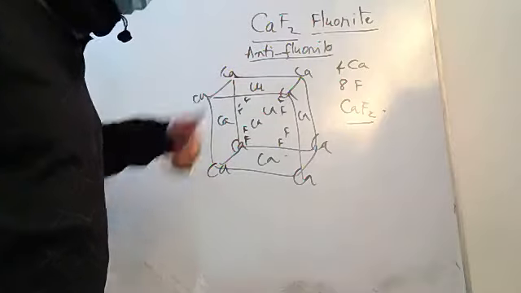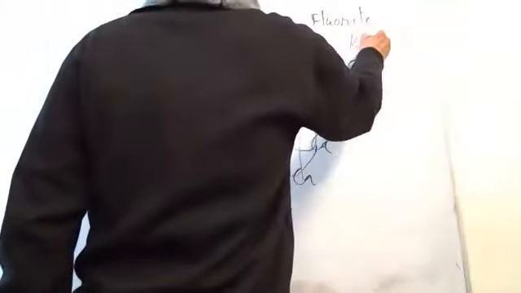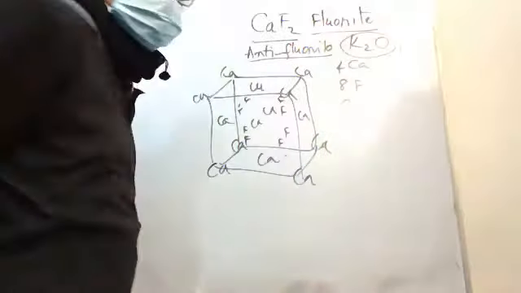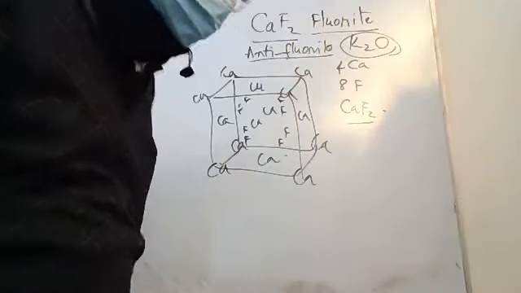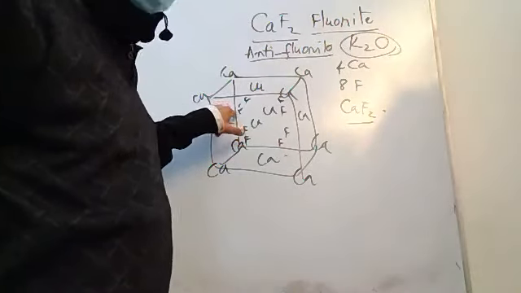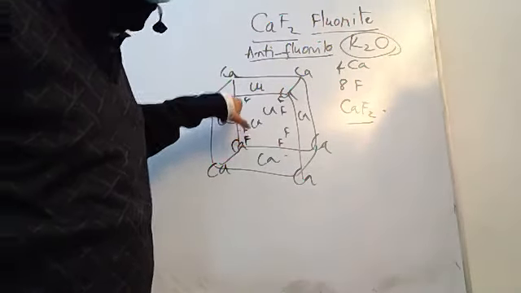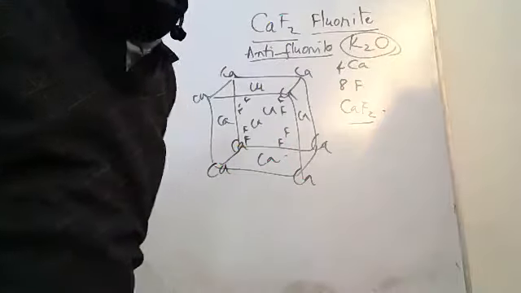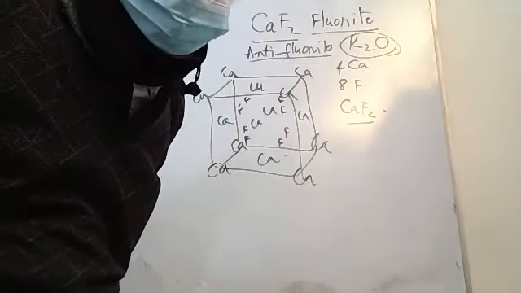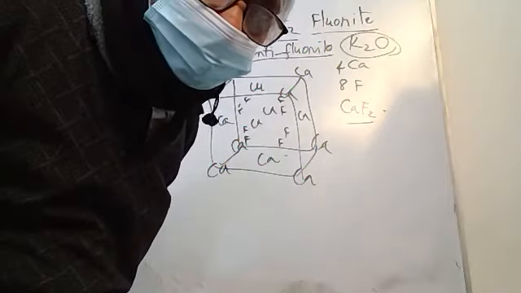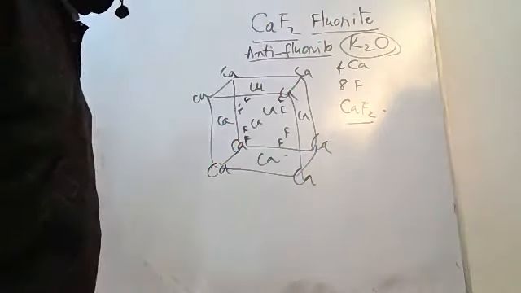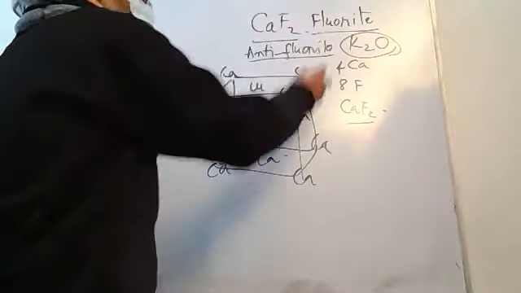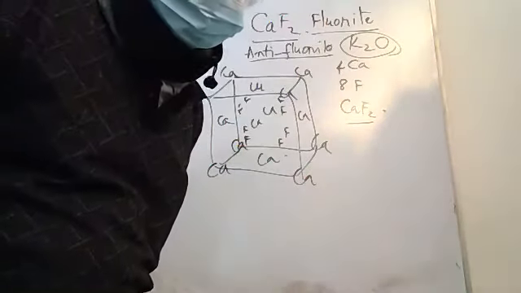If you reverse the roles, such as K2O, potassium oxide, is the same structure, except the potassium occupies the tetrahedral holes and oxygen forms the face-centered cube. So that is the crystal structure of antifluorites. This is the difference between fluorite and antifluorite.